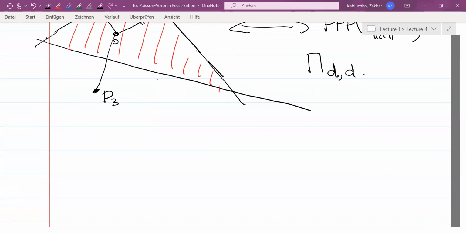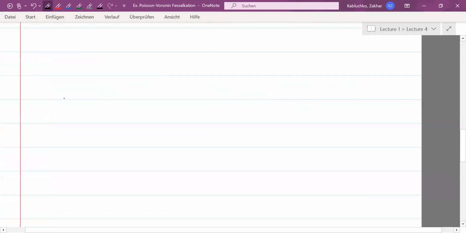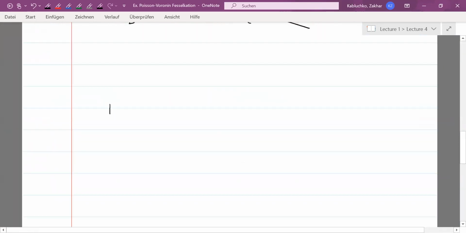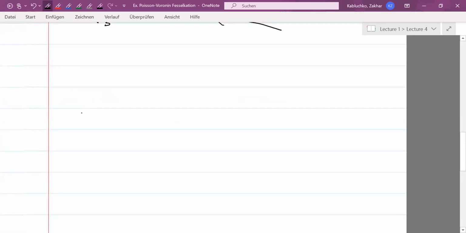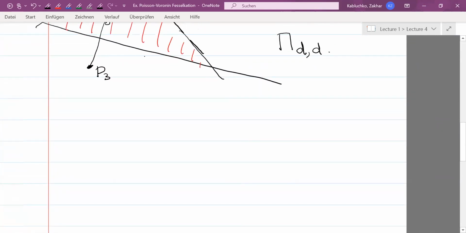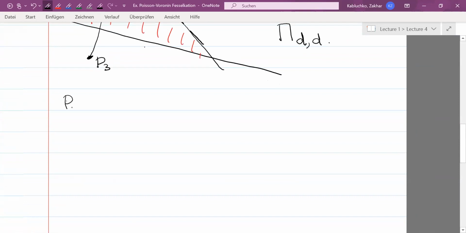And here I will just list some results which could be obtained using the tools, some of which I presented in the previous lecture, but not all, fortunately. So results on expected face numbers.